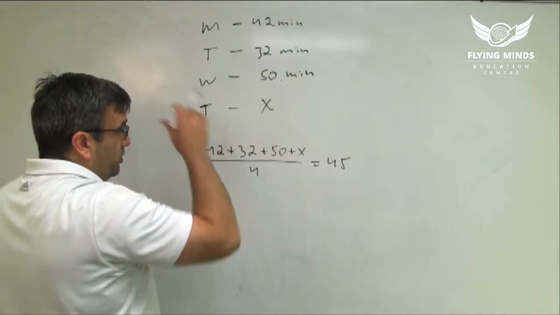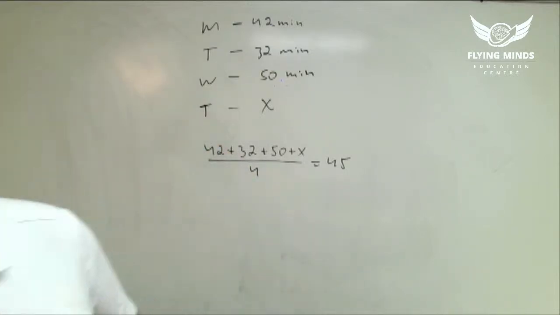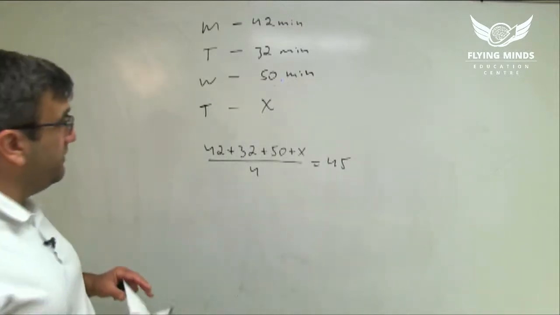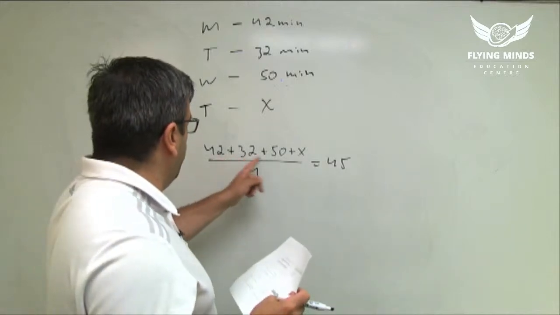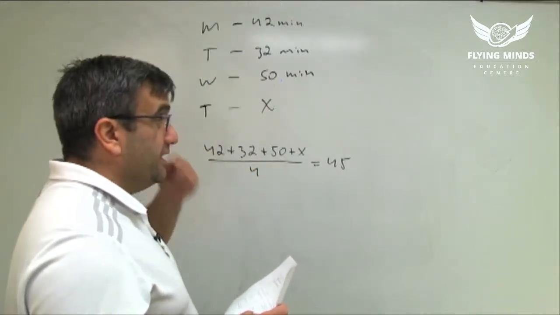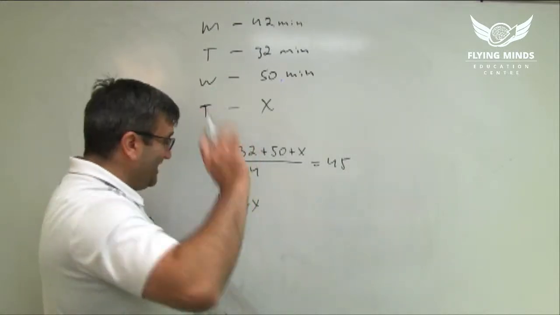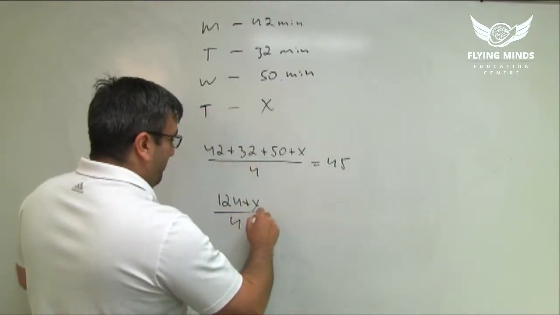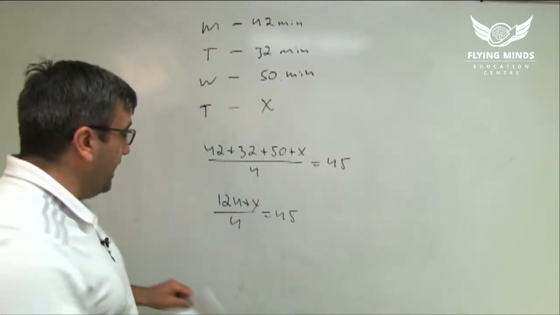So 42 plus 32 is 74, plus 50 is 124. So we have 124 plus x divided by 4 equals 45. We multiply by 4 on both sides.